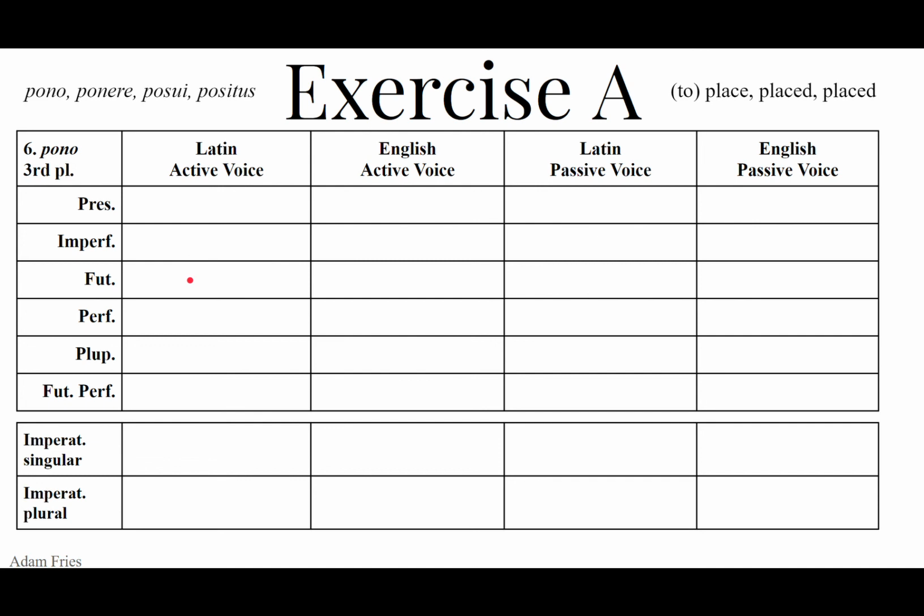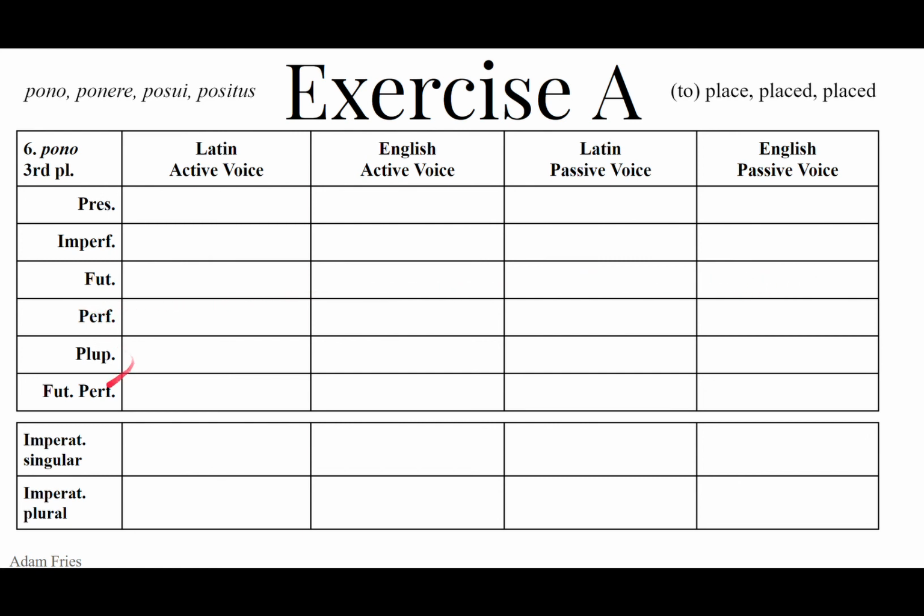We use am, es, et, emus, etis, ent. It's ponent, different from the present, ponunt. They will put, they will place. Passive uses the endings ar, eris, etur, emur, emini, entur, ponentur. They will be placed.